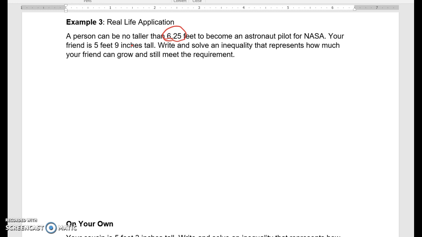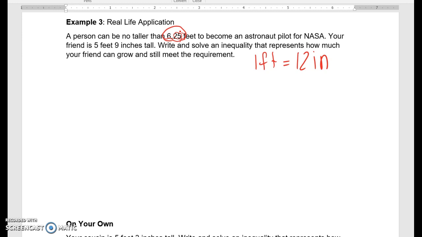And what you would do is you know that in 1 foot, there is a total of 12 inches. So basically, this decimal is going to be out of 12.